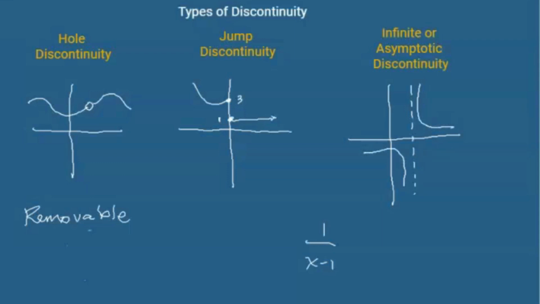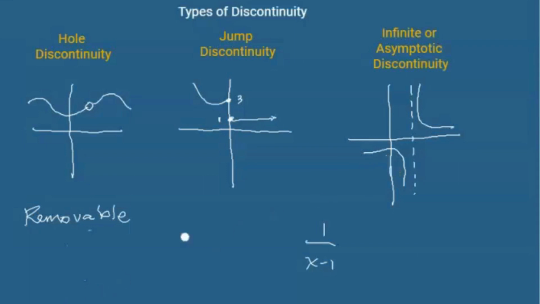If you look at our left hand limit, as you approach that, you will have negative infinity. And for our right hand limit, the value of the limit will approach positive infinity.